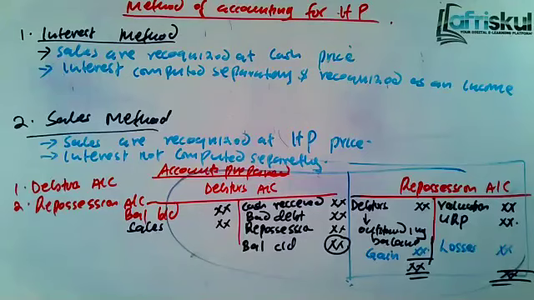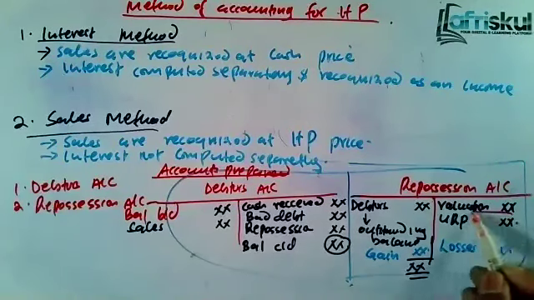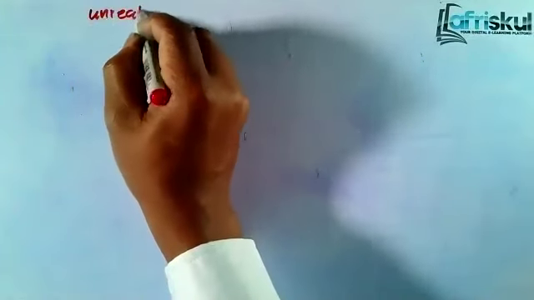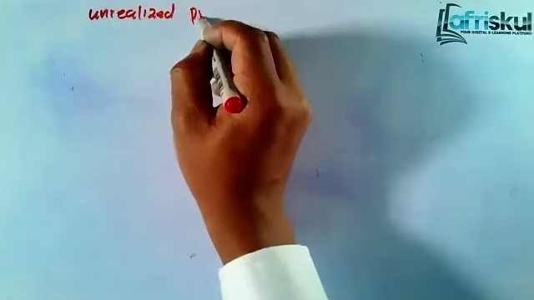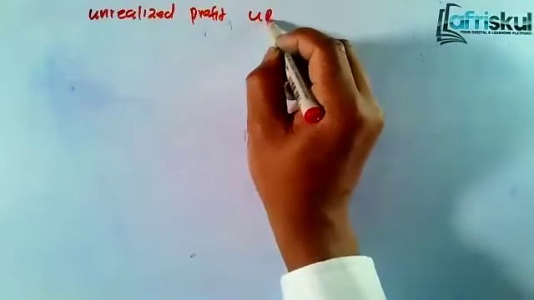Good. Then we have this thing I have introduced here, the unrealized profit. Now, how do we determine the unrealized profit? So let me give you a formula on how to determine the unrealized profit, the URP.